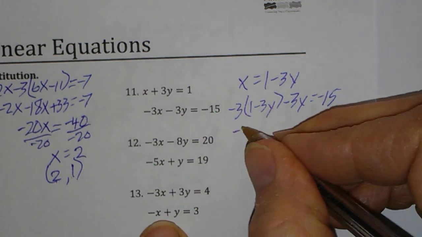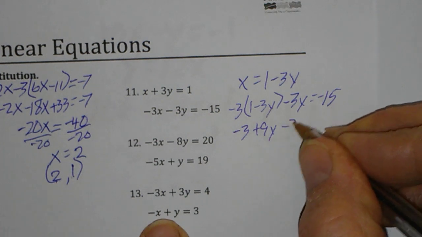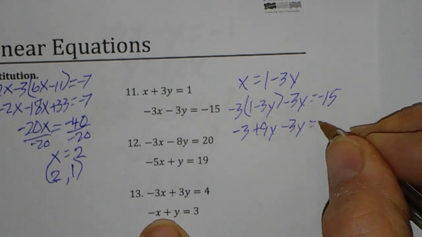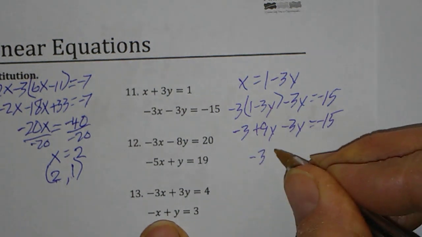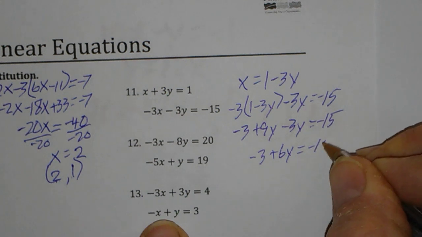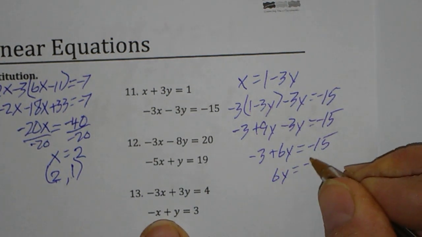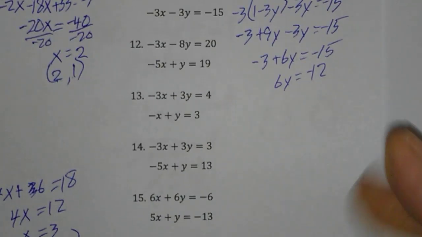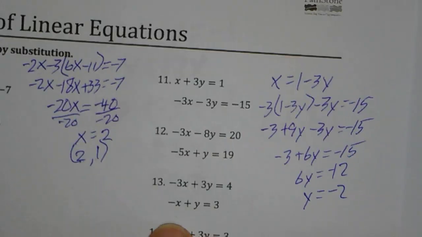Negative 3 times negative 3y is plus 9y, minus 3y equals negative 15. So you get minus 3 plus 6y equals negative 15. You add 3 to both sides, you get 6y equals negative 12. Divide by 6, you get y equals negative 2.